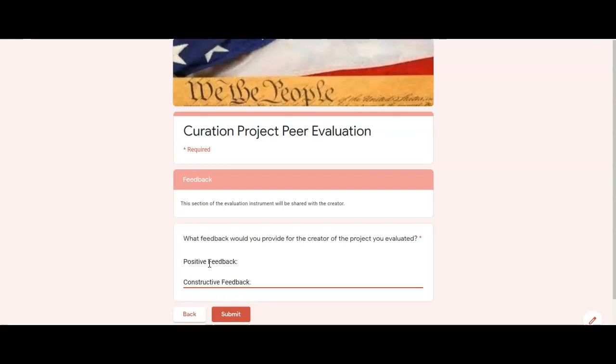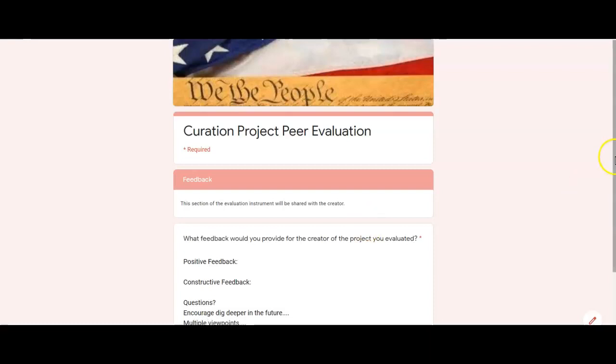Constructive feedback is not meant to always be seen as negative. It could be a few questions that you would ask in response to what you saw. Maybe it's some things to encourage them to dig deeper in the future. If they were doing this again with students, maybe it's asking them if they have evaluated multiple viewpoints or whatever.